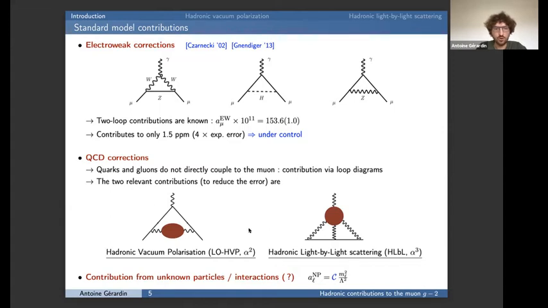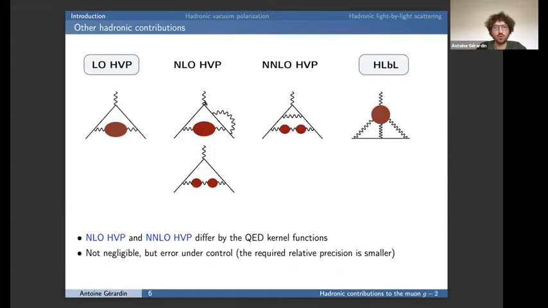So in principle, there are also other QCD corrections. So here I show a more exhaustive list. You also have what is called the NLO and NNLO HVP contributions. But in practice, they can be obtained.